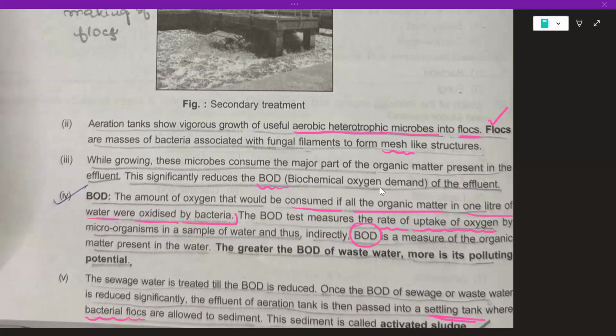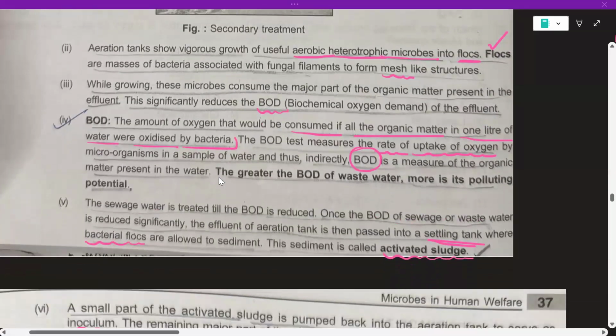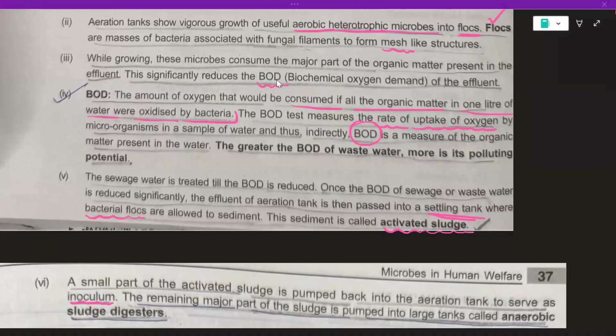When this is being done, it reduces the BOD, which stands for biochemical oxygen demand, of the effluent. If the BOD is reduced, it means that the pollution is also reduced. So what is BOD? It is the amount of oxygen that would be consumed if all the organic matter in 1 liter of water were oxidized.